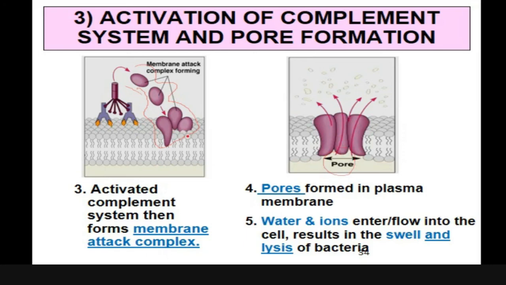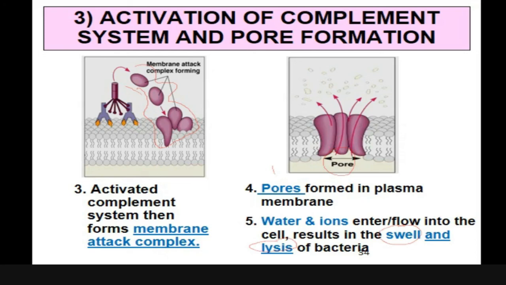Jadi dia seolah menebuk membuat lubang pada membrane cell of the pathogen. Jadi form pores causing water and ions to enter the cell. So the cell will swell, maknanya membengkak, and then lyse. Kita belajar pasal hemolysis kan, macam sel darah merah tu kalau air masuk berlebihan dia akan pecah sebab dia tak ada dinding sel.